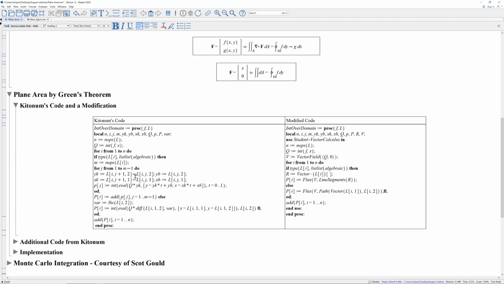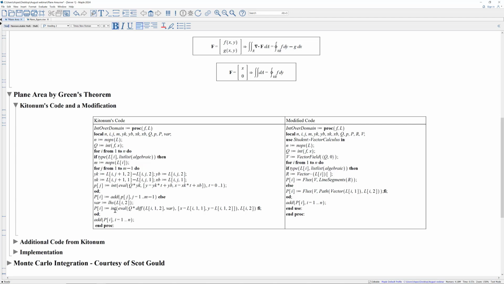Each sublist is either two endpoints of a line segment or a parametric representation of a piece of a curve. That parametric representation has an x and a y, and the bounds on the parameter. Then he goes through that list of lists and integrates, you can see here, int, the appropriate integral, and then he adds up all those bits.